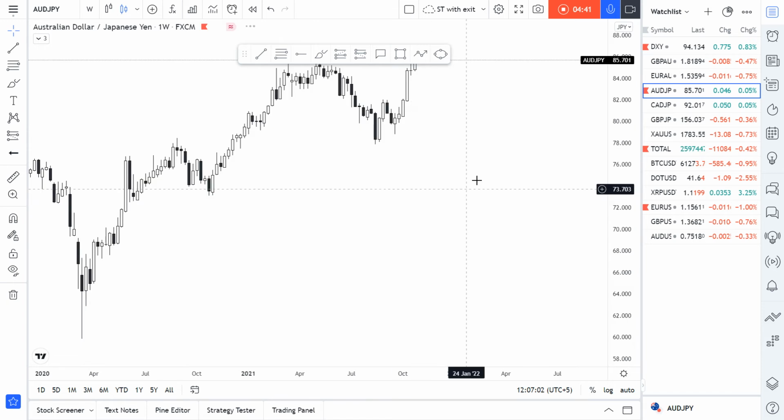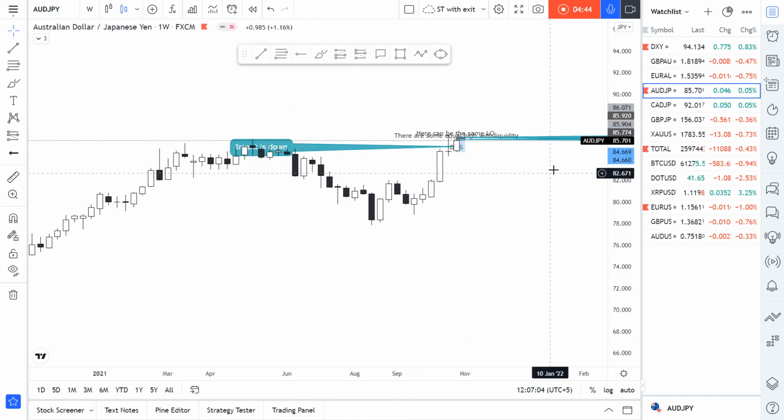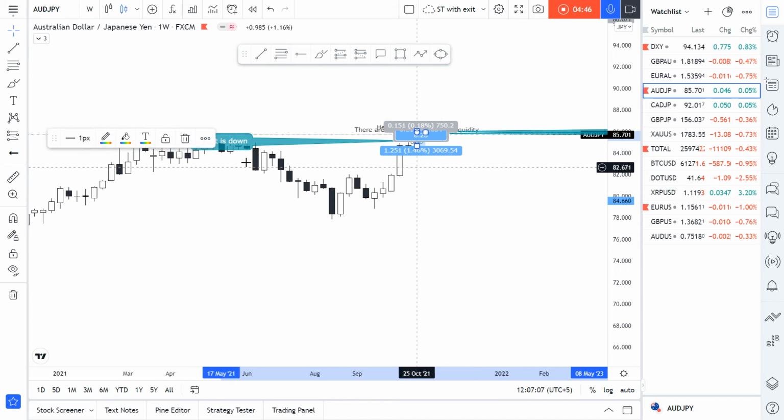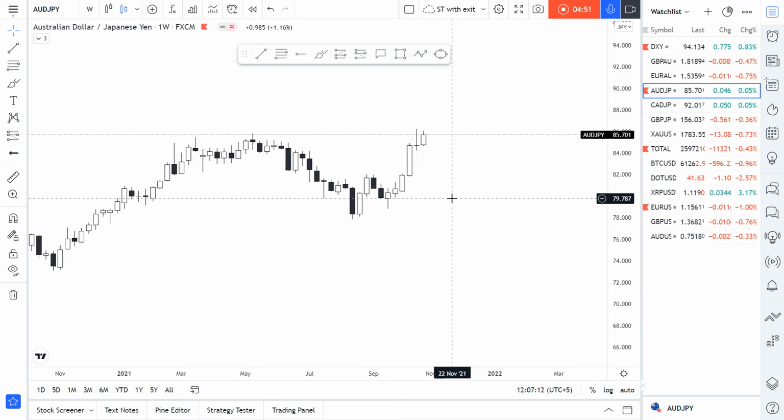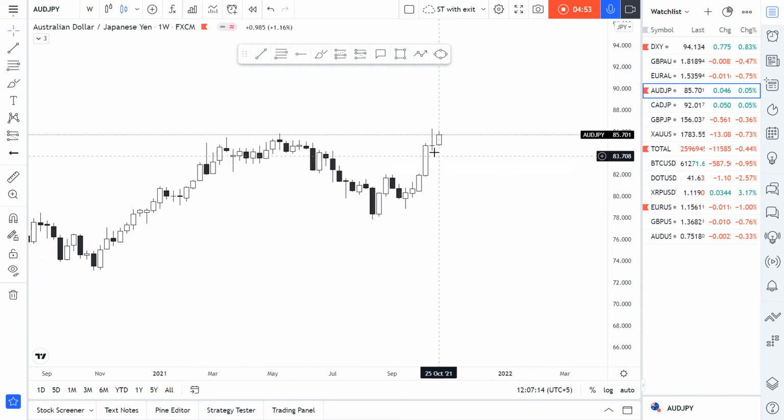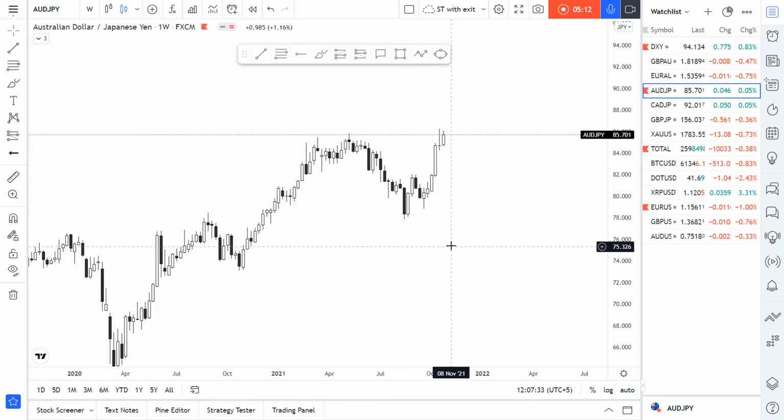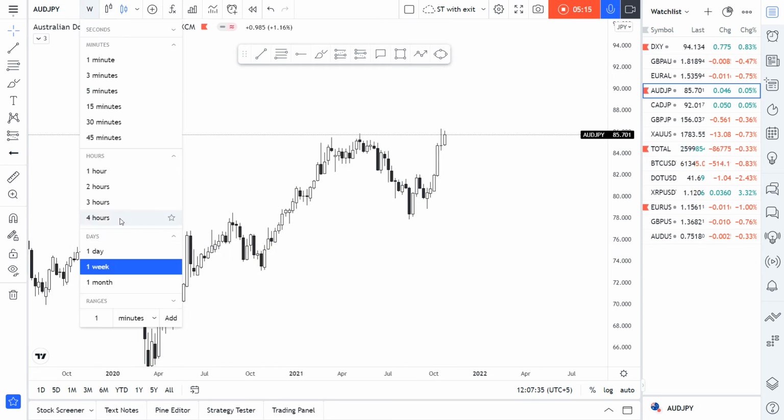As you can see on the weekly time frame, the previous week we had this doji candle, and this week we got this inside bar. So we might have a breakout to the upside, or maybe a breakout to the downside. Let's see how the week begins.